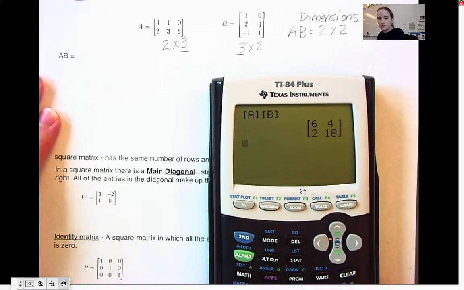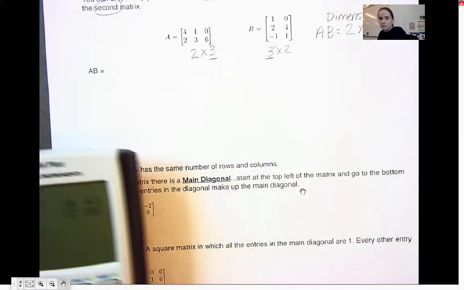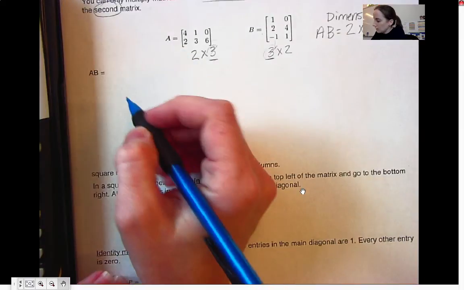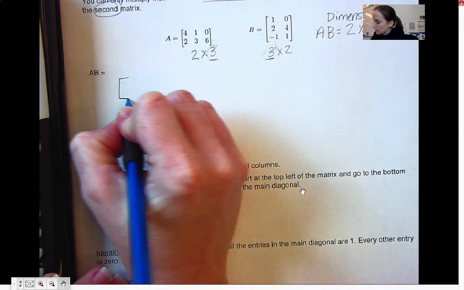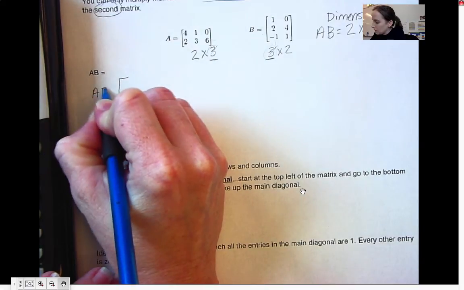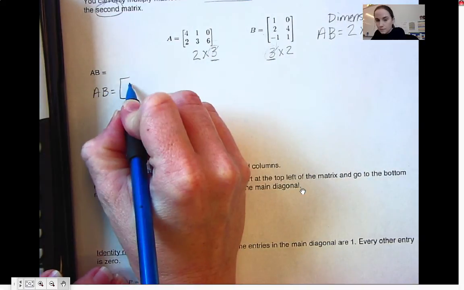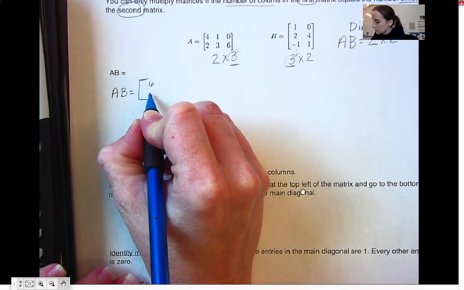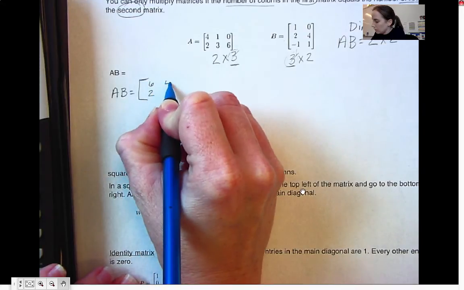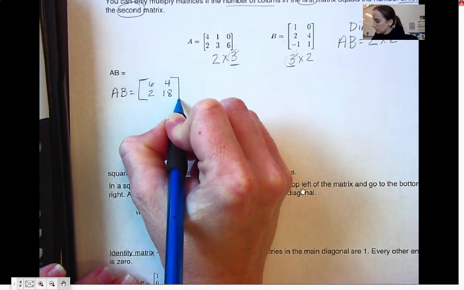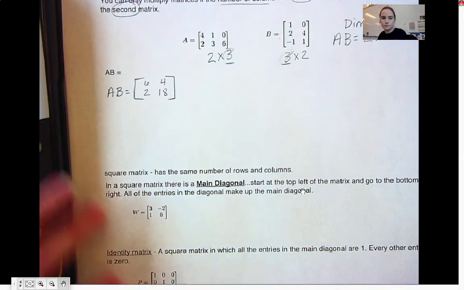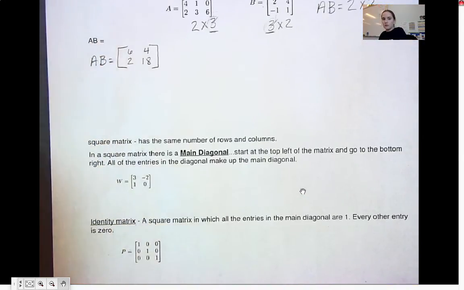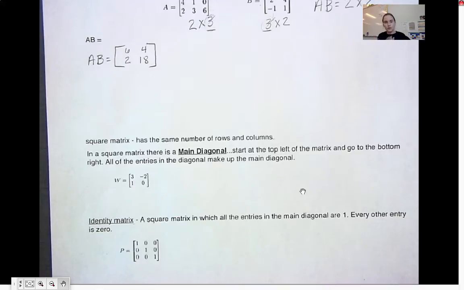So I'm going to move this off the screen, and we'll say AB equals 6, 2, 4, 18. That's how you're going to be able to do multiplying matrices.